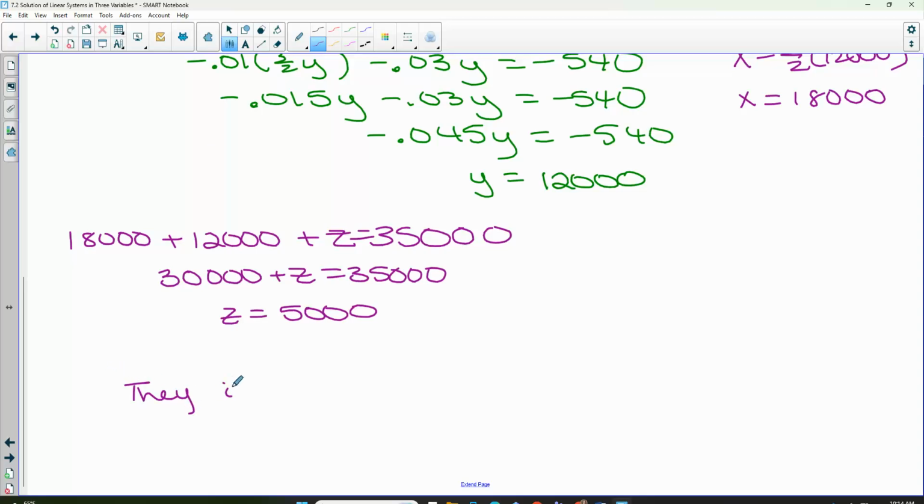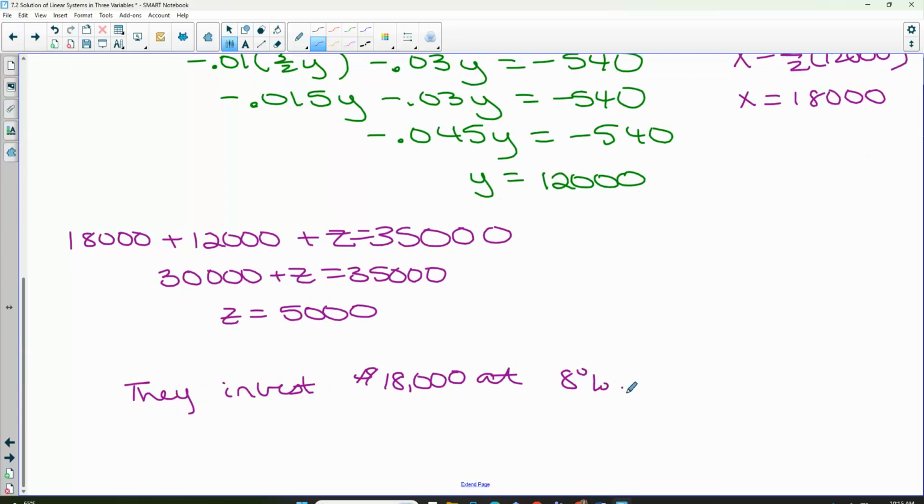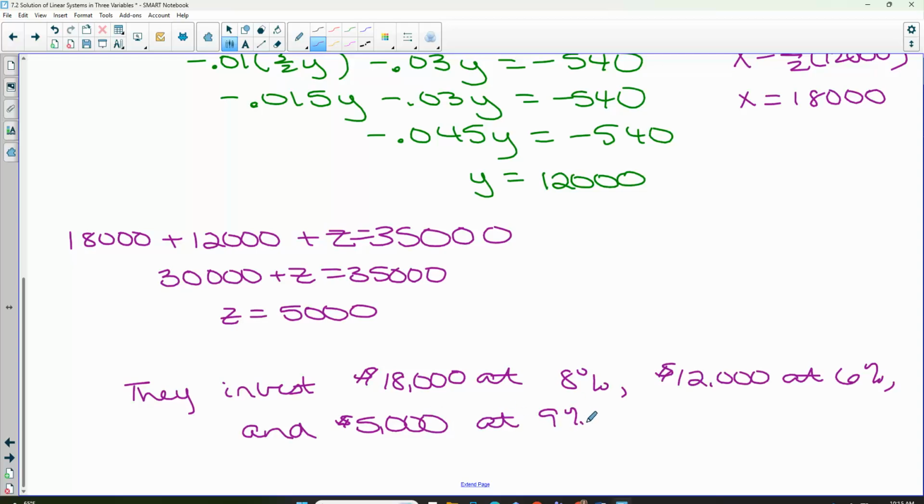So they invest $18,000 at, x was 8%. $12,000 at 6%. $5,000 at 9%. What questions do we have there?